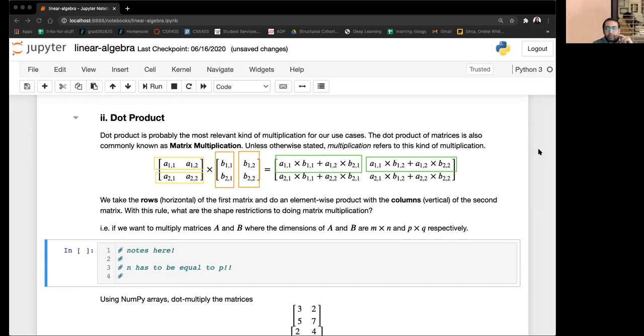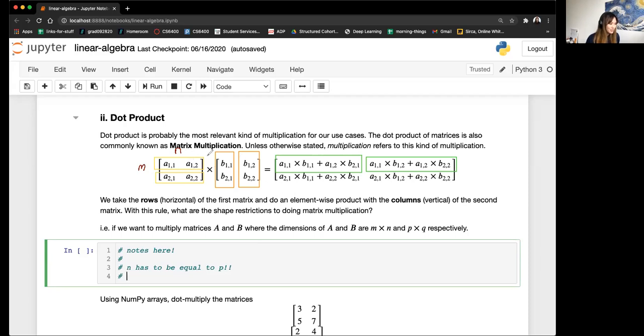Could you possibly repeat the m times n and p times q, which ones have to match up and which ones don't? Because it wasn't completely clear to me. Absolutely. So let me just draw it out on these matrices real quick. I think that'll be easier. So here we have, let's say this is A, this is B. The yellow one is A, the orange one is B. So this is M. The number of rows is M. The number of columns is N here.